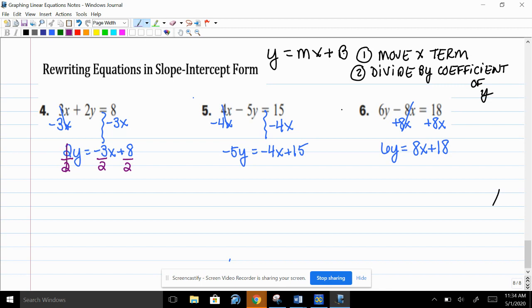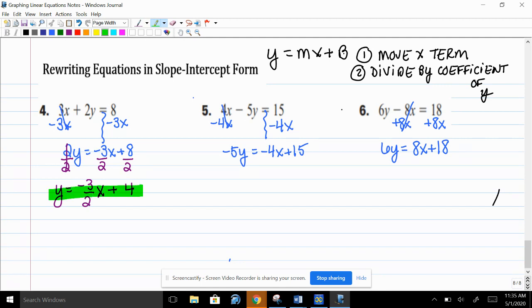That'll make these 2 cancel. y equals negative 3 over 2 x plus 4. 8 divided by 2 is 4. Notice I left this as a fraction because that's going to represent the slope. We don't want slope to be a decimal. We either want it to be a fraction or a nice neat whole number. So number 4 there is done.